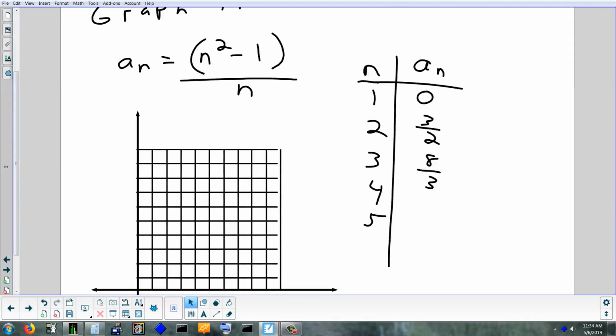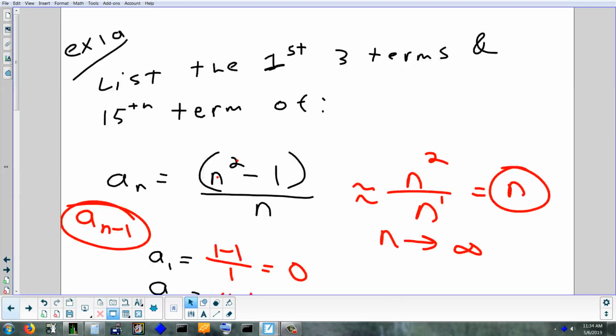Now, remember what it should look like. This formula basically turns into y equals x as n gets bigger and bigger. So it's going to look like a line with a slope of 1 and a y-intercept of 0.